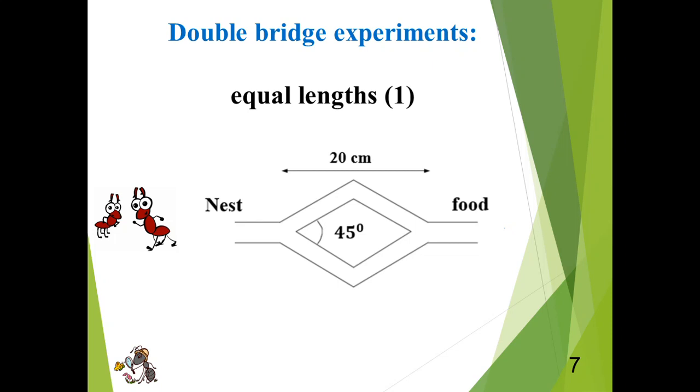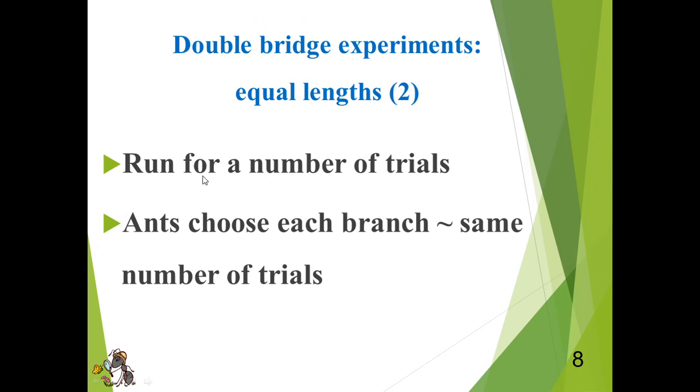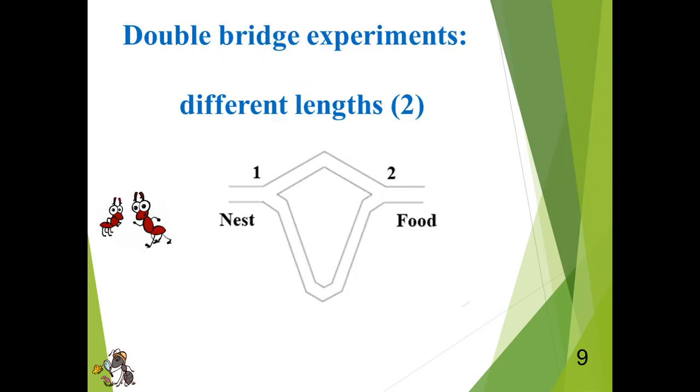If we have these paths from nest to food, and they are equal, like 20 centimeters with a 45 degree angle, we note the ants run for a number of trials and choose each branch the same number of times, because the paths are equal in trials and pheromones.